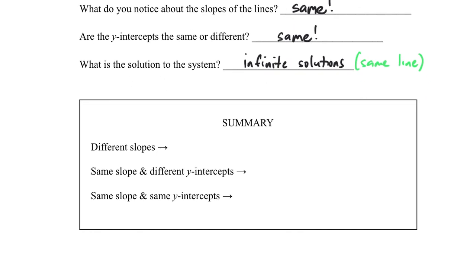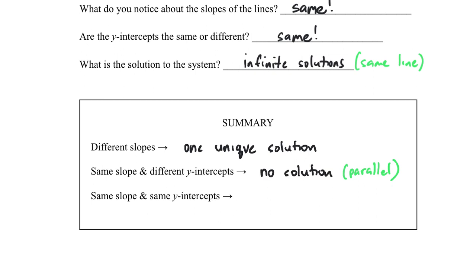If we have different slopes, then we are going to have one unique solution. It doesn't matter about the y-intercept, because if the slopes are different, we have one unique solution. If we have the same slope but different y-intercepts, we have no solution, because those would be parallel lines.